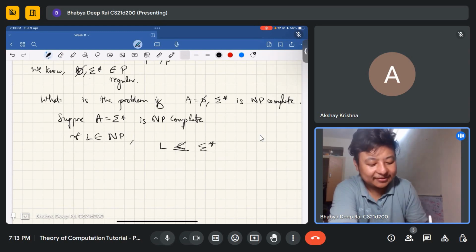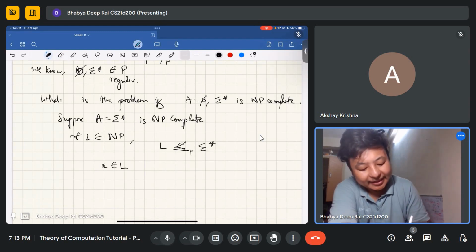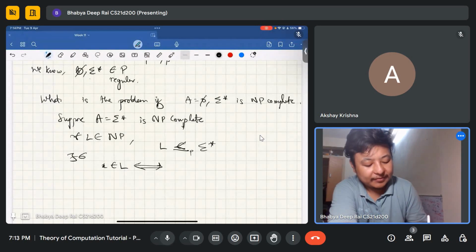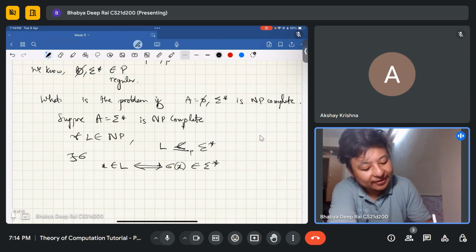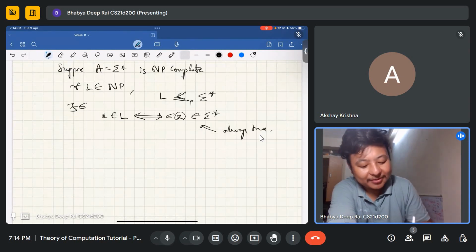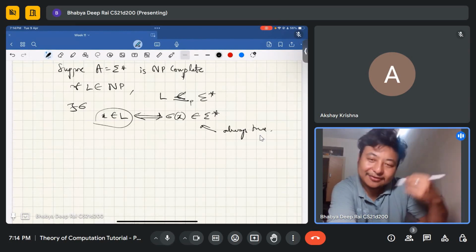But what does reduces to sigma star mean? It means there is a reduction sigma such that given any x, x is in L if and only if sigma of x is in sigma star. But this is always true. What would that mean?